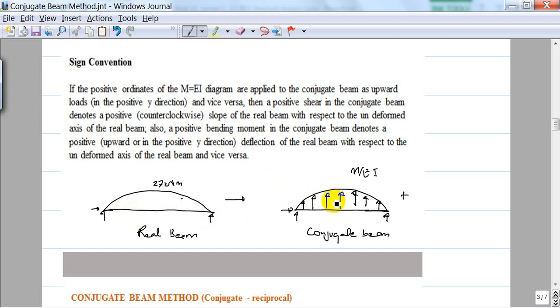And if I get the shear force due to this load on this beam, that shear force is equal to the slope of the actual beam.